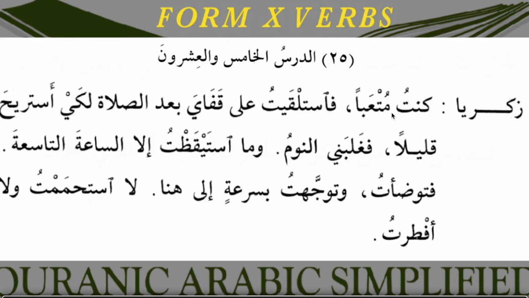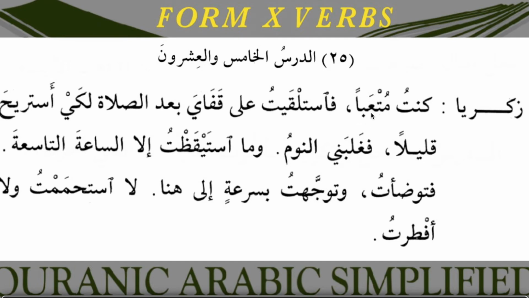So Zakaria says, kuntu muta'aban. So what is kuntu here? Kana yakunu. So it will have ism and khabar. So tu is your ismu kana and muta'aban is your khabar. So I was really tired. At'aba yut'ibu, mut'abun and mut'aban.